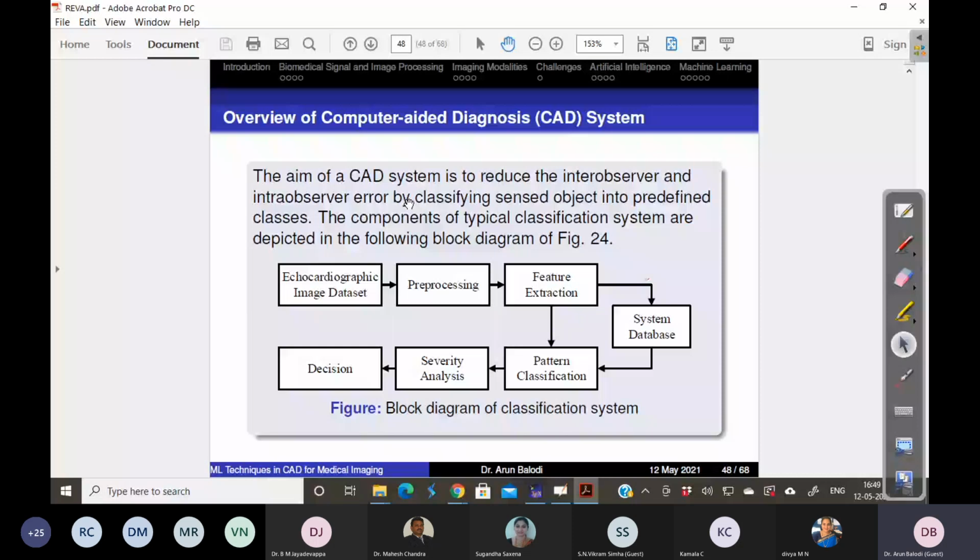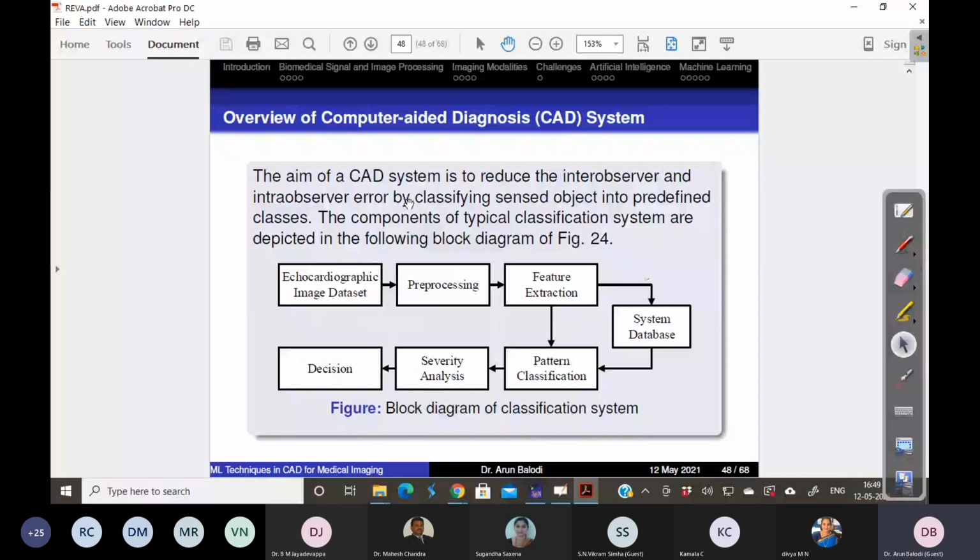Then we extracted all the features that I discussed in the earlier slide. After that, we trained our model, the support vector machine, and then did the severity classification. Once we have done the severity classification, based upon the multi-voting approach, we make the decision.